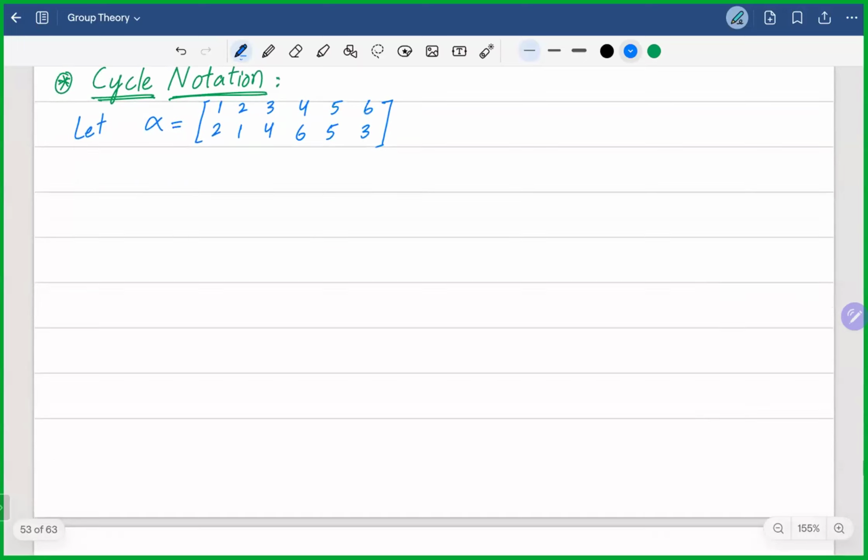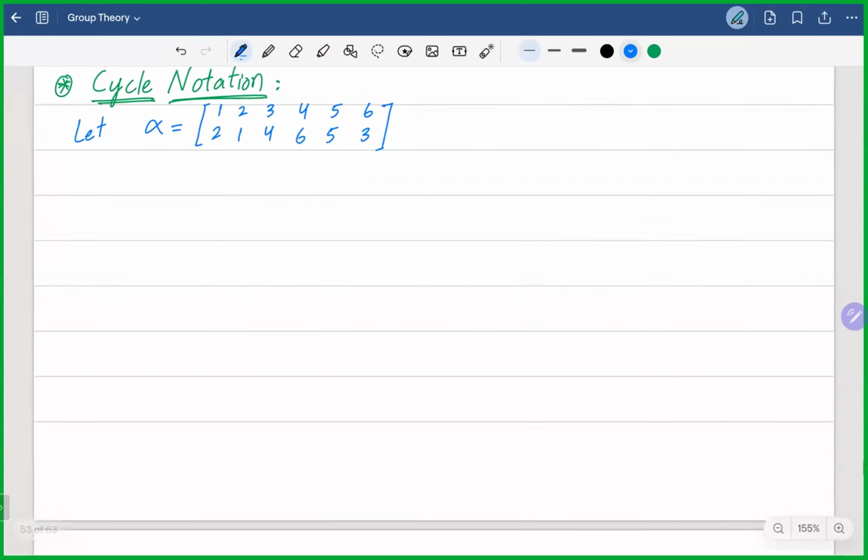First we can have 1 here and 2 here, and then we say that there's a cycle going on from here to here and here to here.